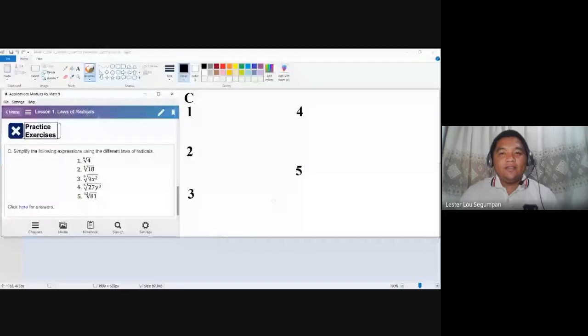Let me share some items I already prepared for you as practice exercise C. This practice exercise is concerned with using the power law in simplifying these different radicals. Just by one look, we have indices which are different from what we had before.